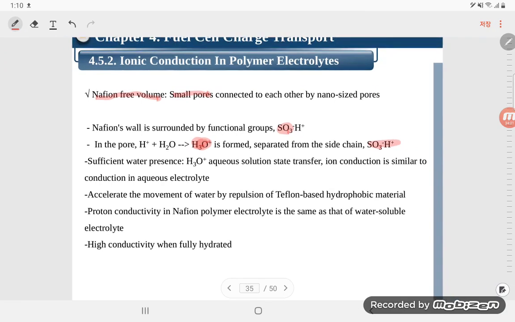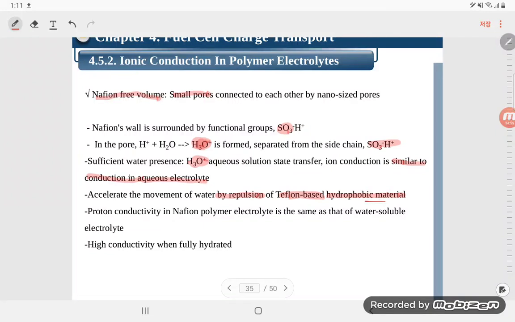With sufficient water presence, the oxonium ion is transferred in the aqueous solution state. The ion conduction is similar to the conduction in aqueous electrolyte. So that is why the polymer electrolyte has very high conductivity compared to others. And it accelerates the movement of water by repulsion of the Teflon-based PTFE, right? The hydrophobic material.